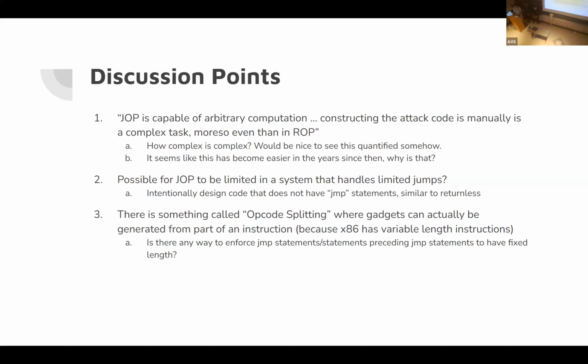Does that make sense? Yes, so is it possible to intentionally design code to not have jump statements? You can design a program that doesn't have jumps, but two things to remember. One is basically you need to design a program that doesn't have bugs. That's really what you want to do as a designer, because jumps can be found somewhere else in the code.